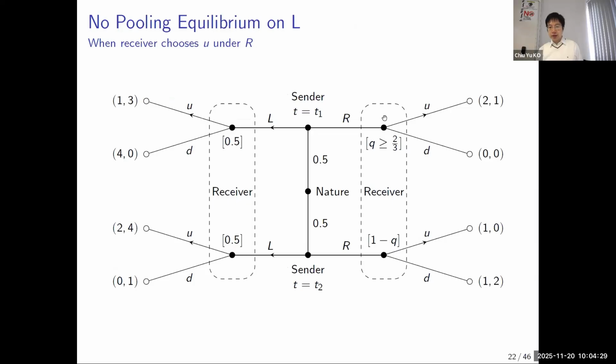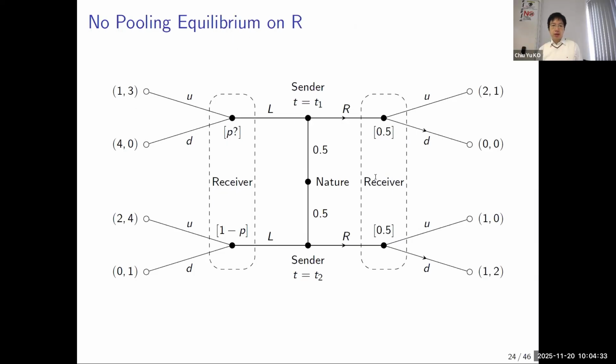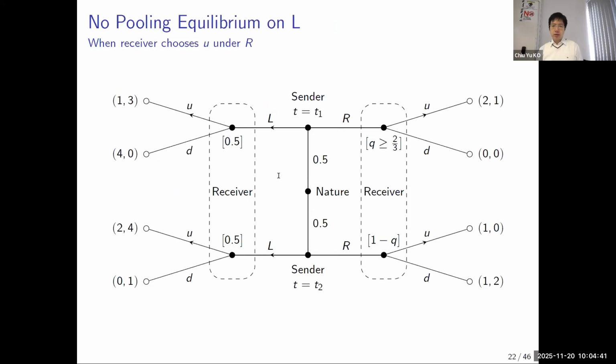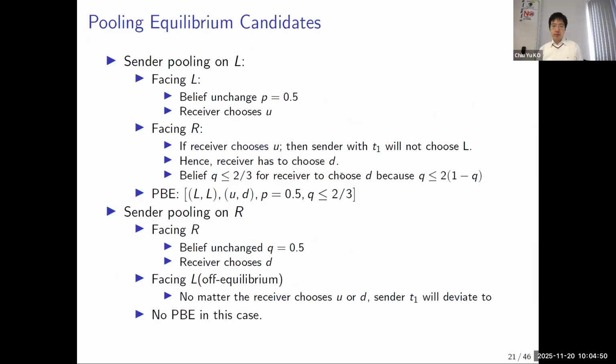If you want U, it will be more than 2/3, right? If you want D, with this one, right? So there's no pooling on R. Yeah, there's pooling on L, right? There's no pooling on R. Okay.